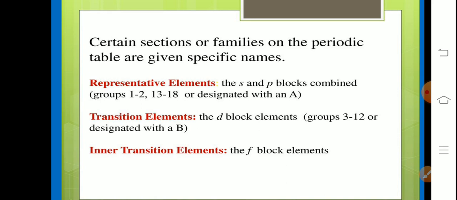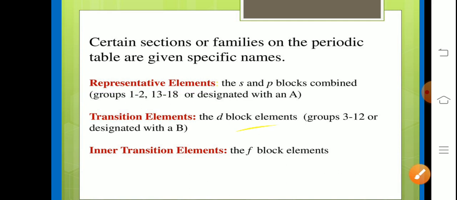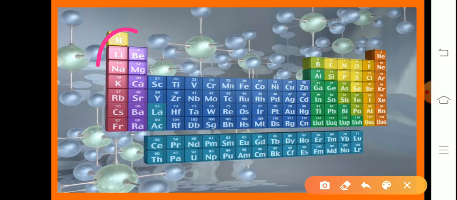Now see, here s and p block elements are also called representative elements. Look here, these are the s block elements and these are the p block elements.